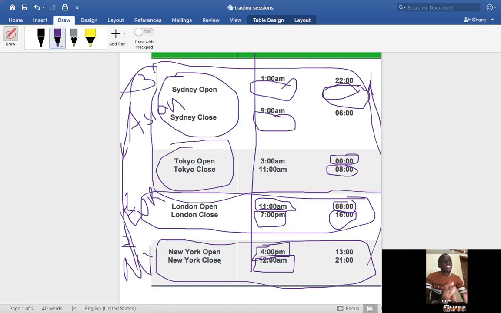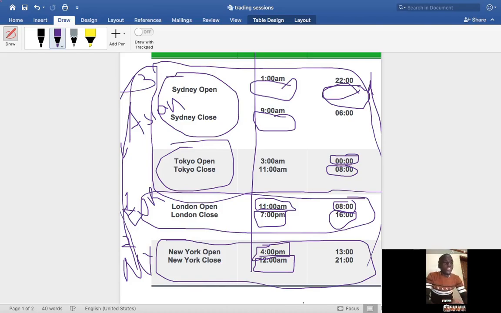It's during these two sessions that we have the hot zone. The hot zone is the time when we expect a lot of movement in the market. The market is characterized by sharp movements with volatility and long candles.